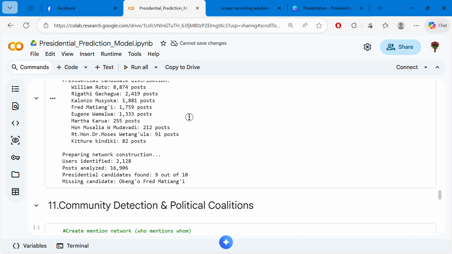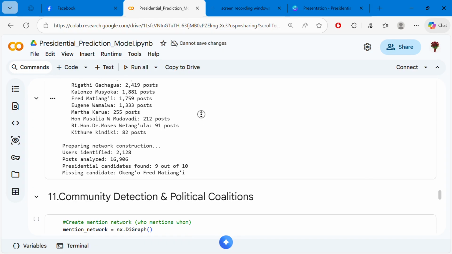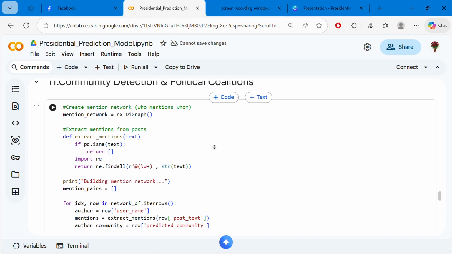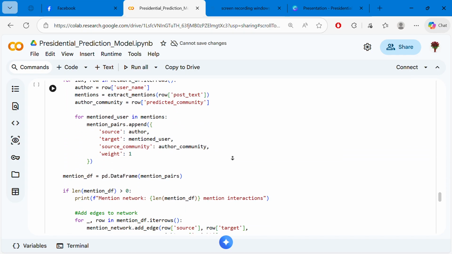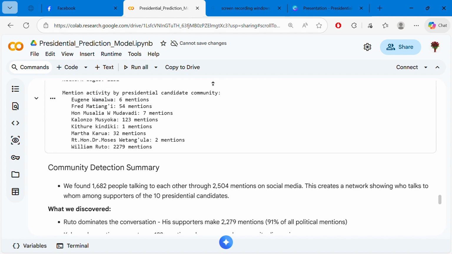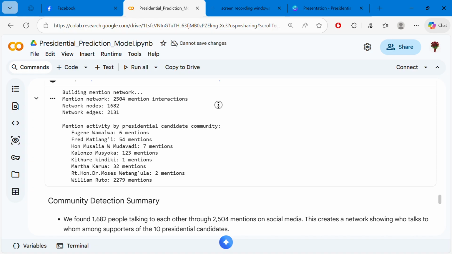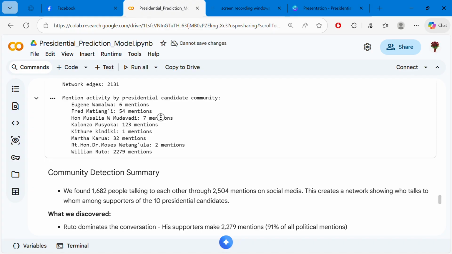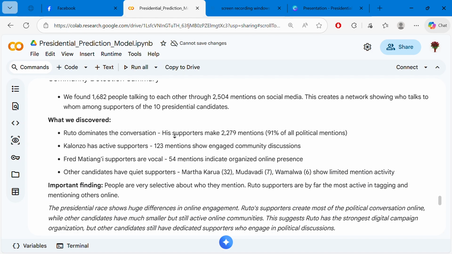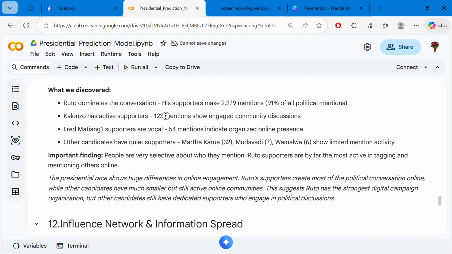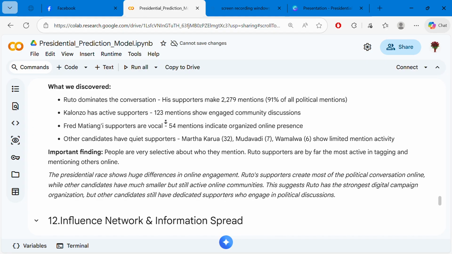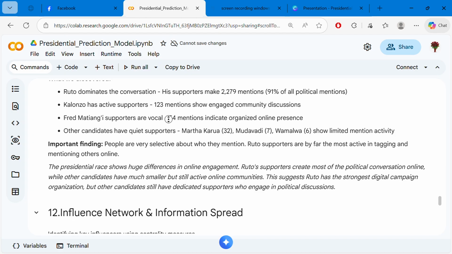We created a social network analysis of how they were related in the community, and we found the mentions: Eugene Wamalwa was mentioned 6 times, Fred Matiang'i 54 times, and Mudavadi. Ruto dominates the conversation. Kalonzo has active supporters. Fred Matiang'i's supporters are vocal, and others have quiet supporters.